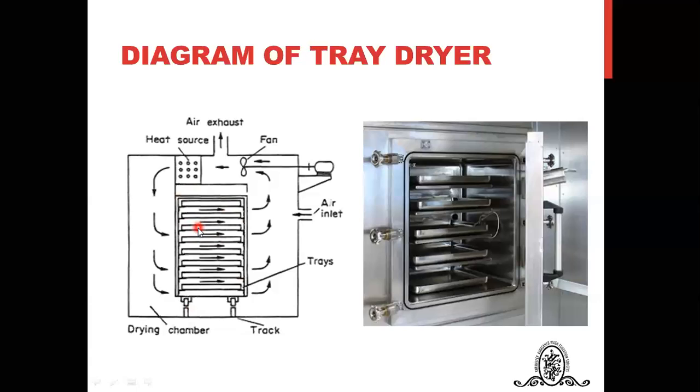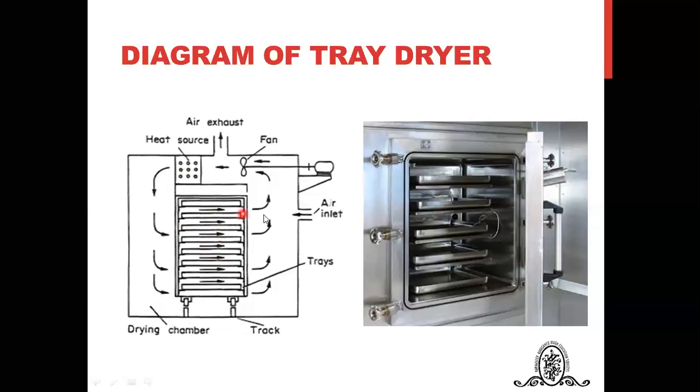So please understand, here the heat transfer takes place through convection, means from the transfer of these trays to the material which we want to dry, and through radiation, means through the heating surface. In this way we dry the material in the tray dryer.